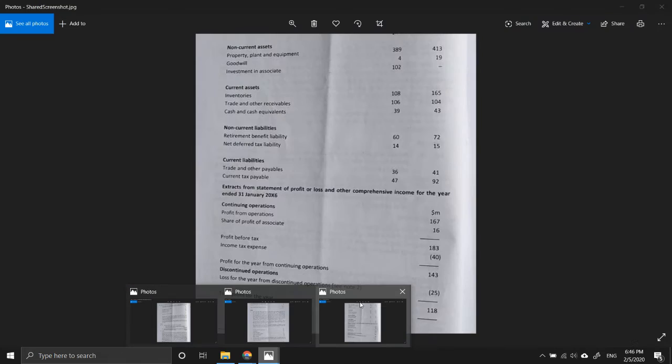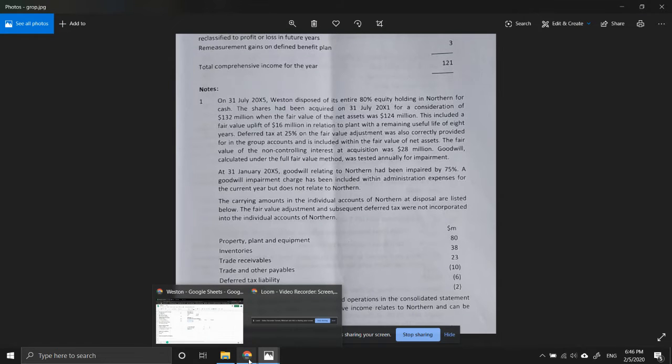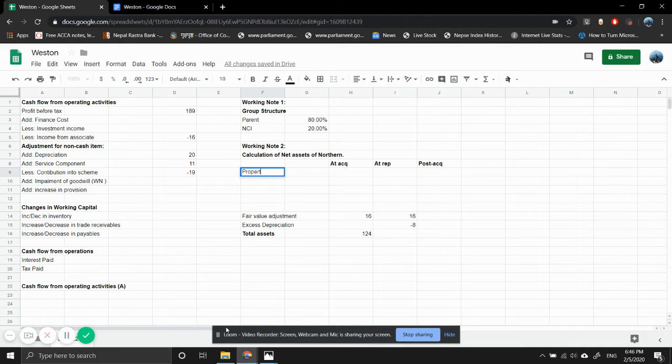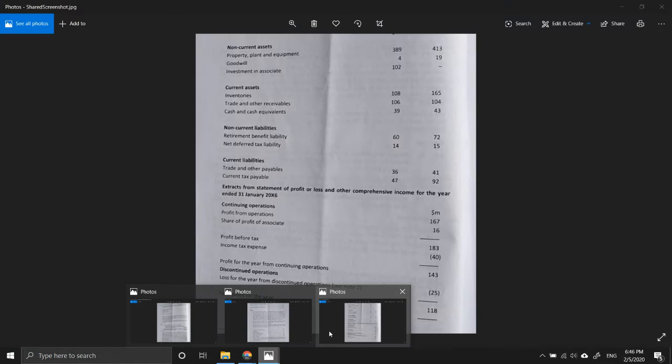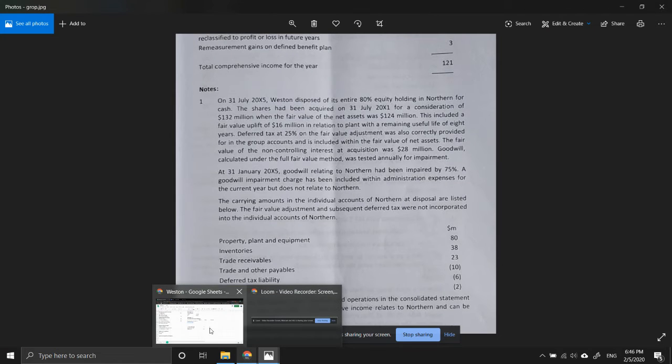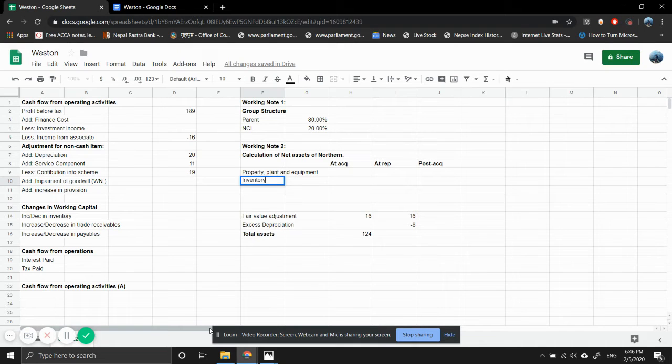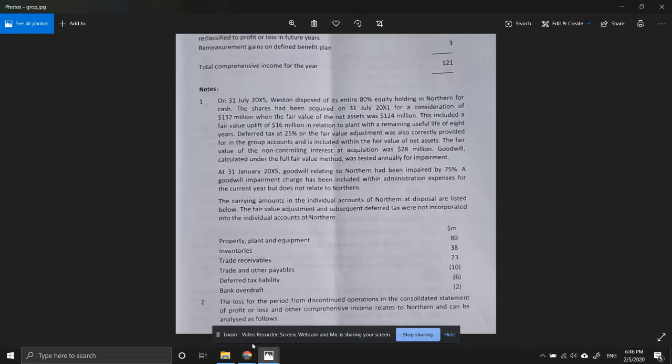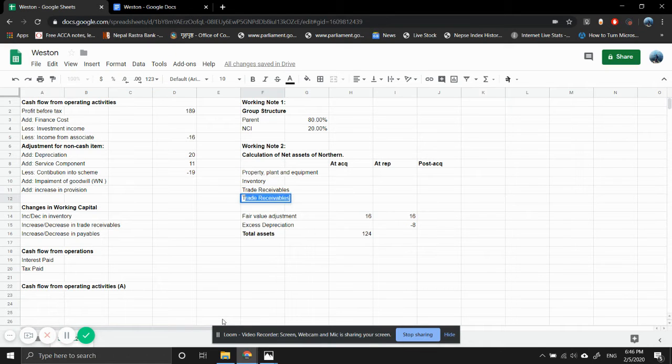So our figures are over here, right? PPE, property, plant and equipment, plant and equipment, and then inventory, trade receivables, trade payables, deferred tax liability, and overdraft.